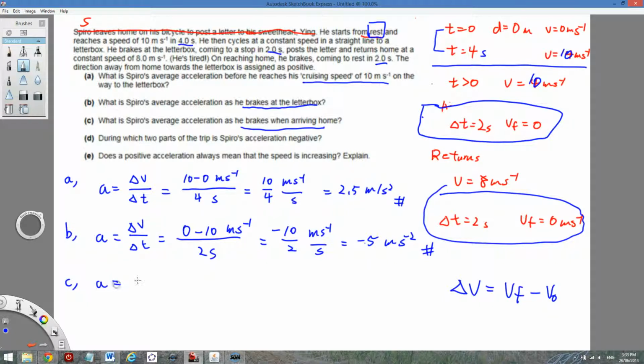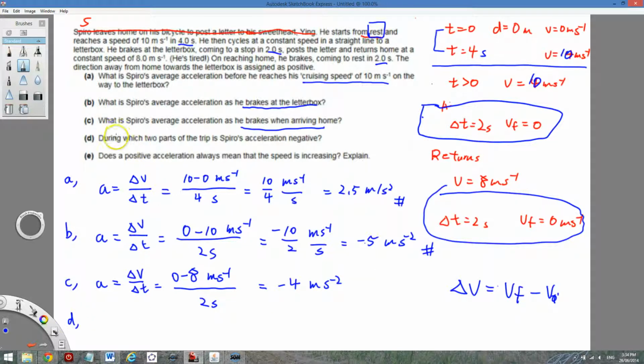C will be the same: change in velocity over the change in time, final take away the initial. Final is 0, take away 8 meters per second, over 2 seconds. I have minus 4 meters per second squared.